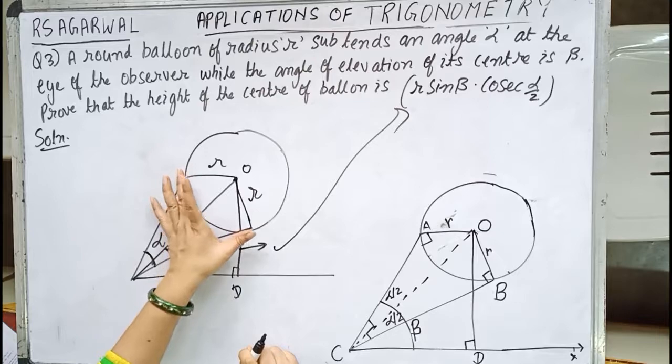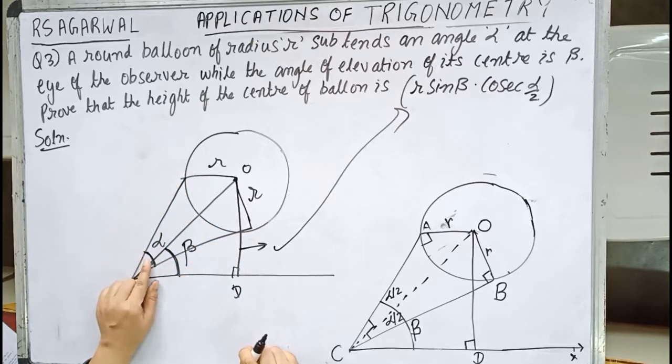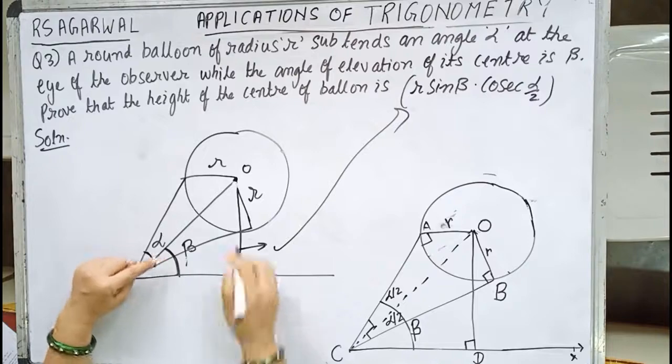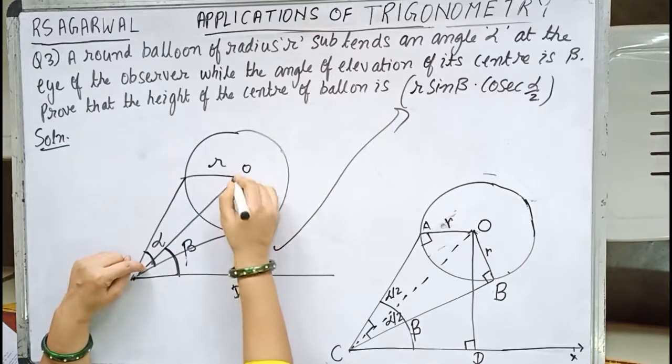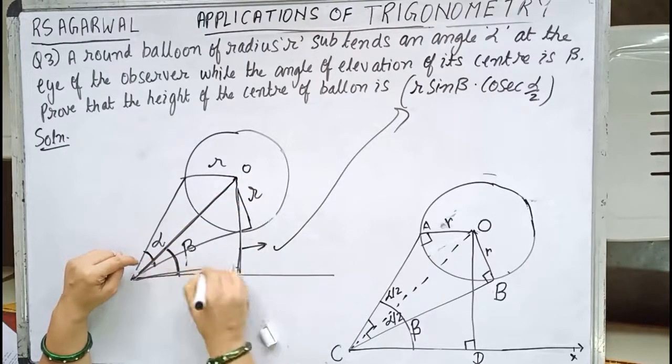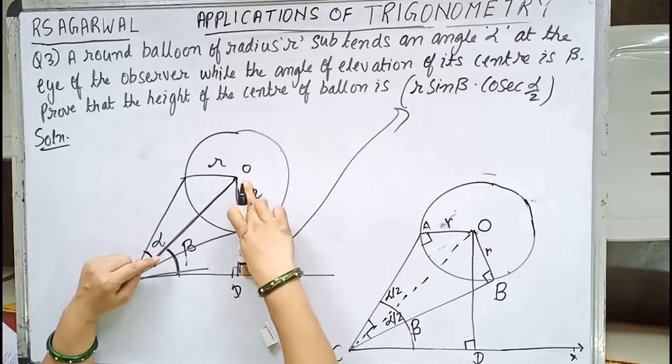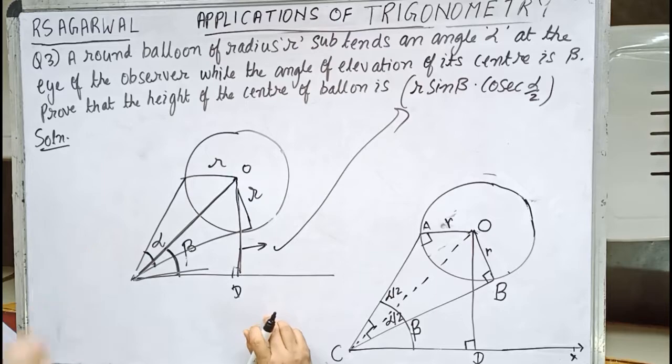This round balloon is making an angle alpha at the eye of the observer. The observer is making an angle of elevation beta with the center of the balloon. This one is the center of the balloon, here 90 degrees, and then this angle is beta. What we have to prove is that the height of the center of the balloon is this term.